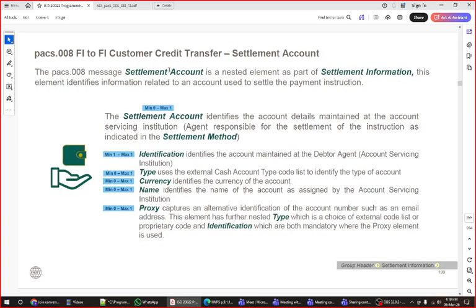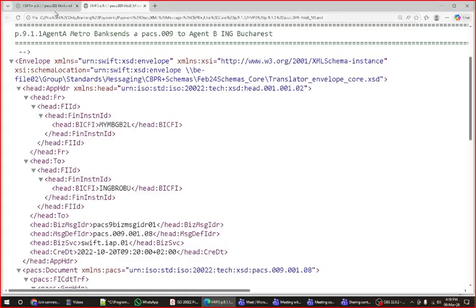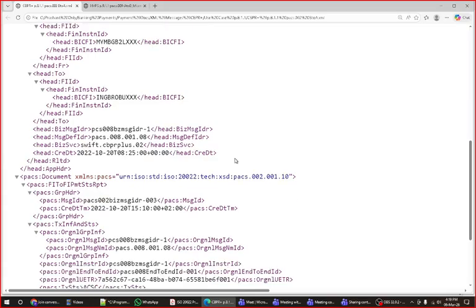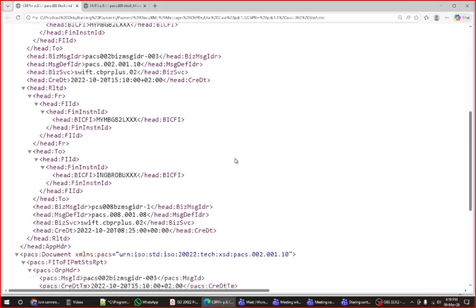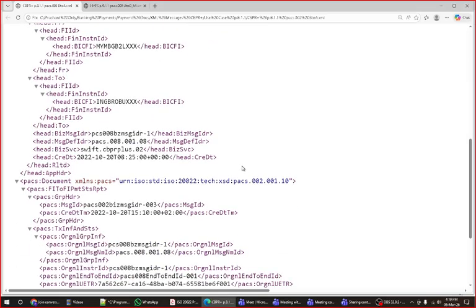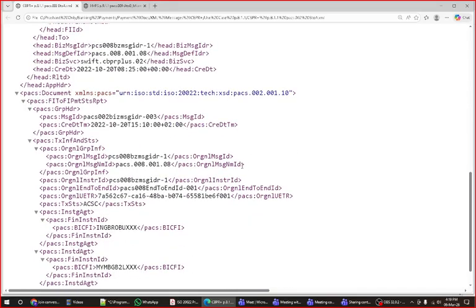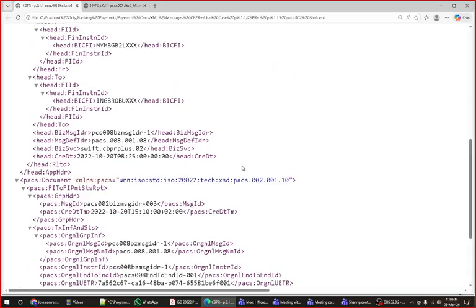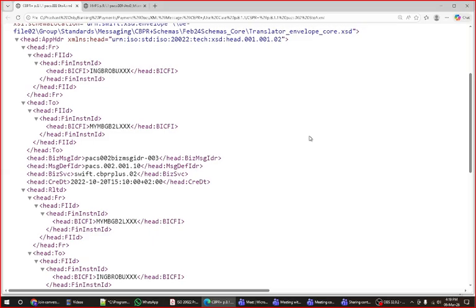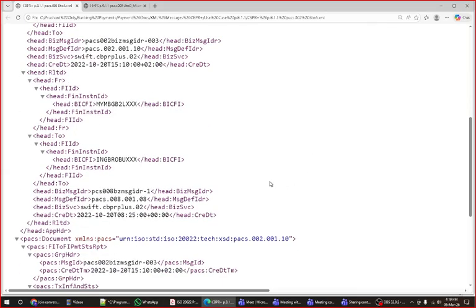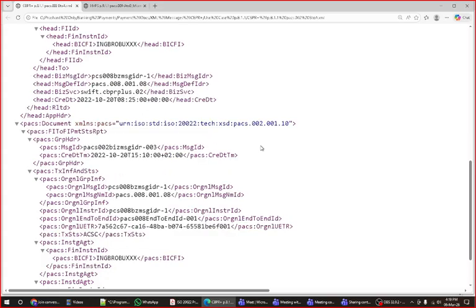So how does the settlement account look? Let's see. Settlement method, I am just checking whether we have settlement ID as well. In this example, settlement method is not called out.